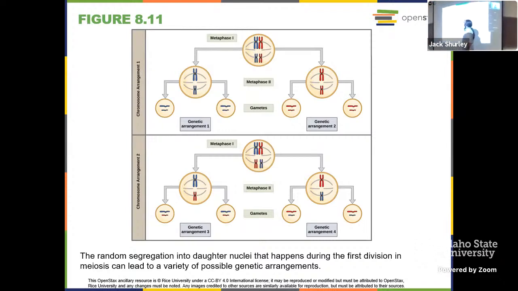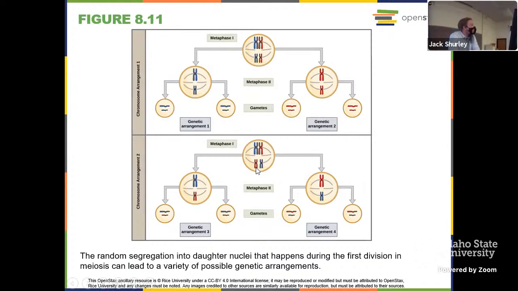Our first chromosome arrangement, we can see in metaphase 1, we've paired up our homologous pairs, blues on one side and reds on the other. We separate through the second round of meiosis. We see metaphase 2, separating only blues or only reds, and the gametes, that's all you get, all right? Blue or red, all right?